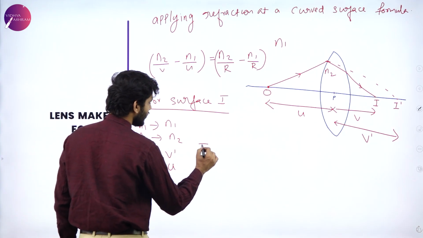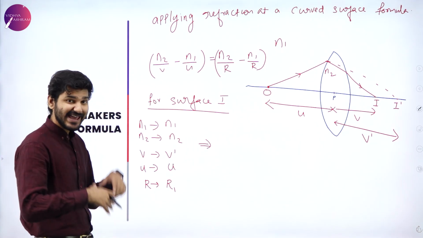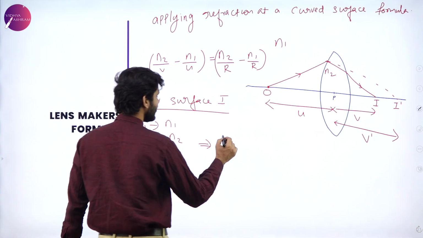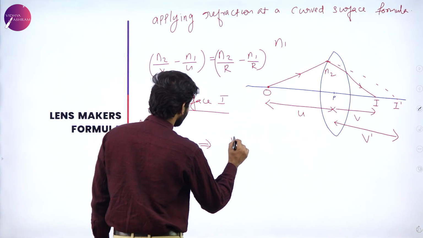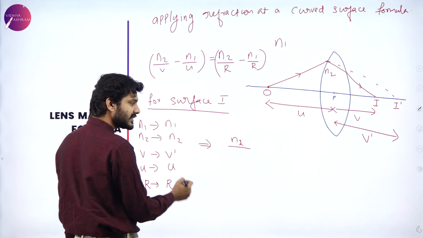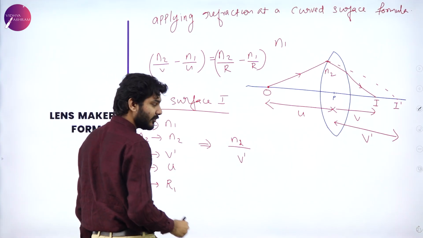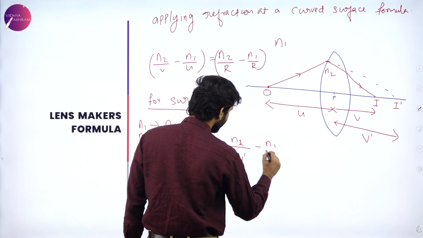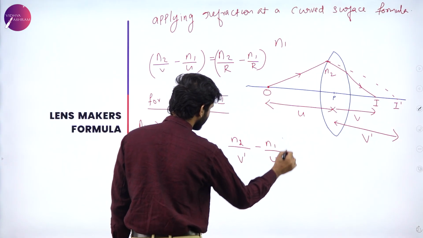Then we can see that this particular equation can be transformed into N2 divided by V dash minus N1 divided by U. There is no change in that.